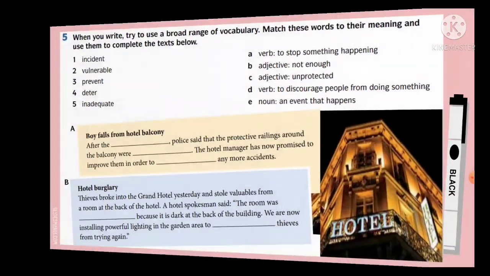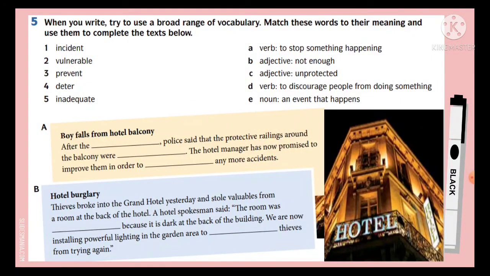Let's move on. Alright, practice number 5. When you write, try to use a broad range of vocabulary. Match these words to their meaning and use them to complete the text below. So they introduce 5 words, so you have to find the meanings and match them. After you find the meanings and you check with your teacher and the meanings are all correct, then you have to do the next activity, which is to complete the text with the words.